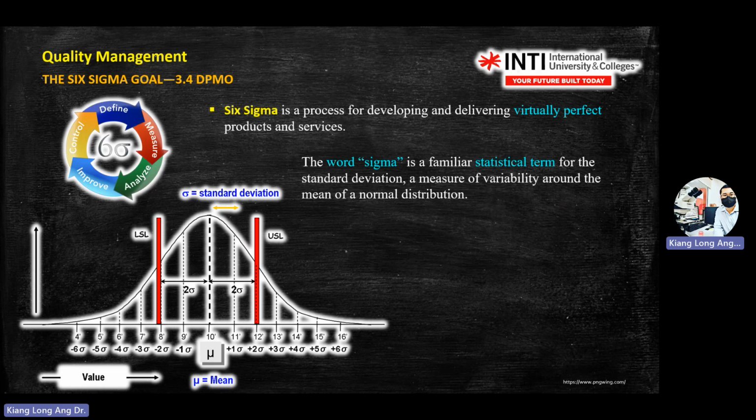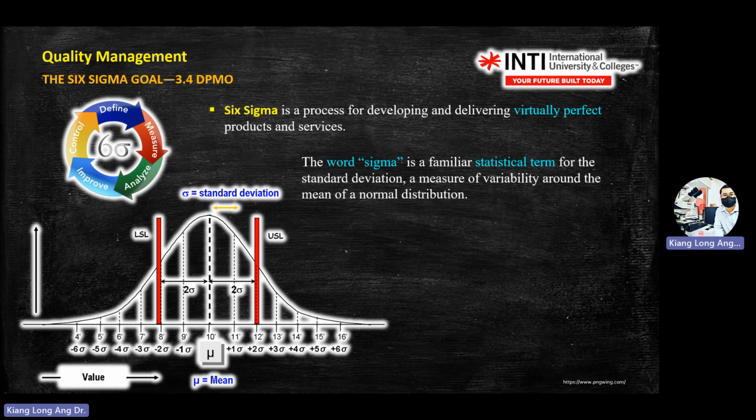Okay, so this is the diagram that I drew on the whiteboard just now. What do I mean by Six Sigma? Six Sigma is a statistical method to identify and minimize defects. The final goal of Six Sigma is near zero defect in the process.